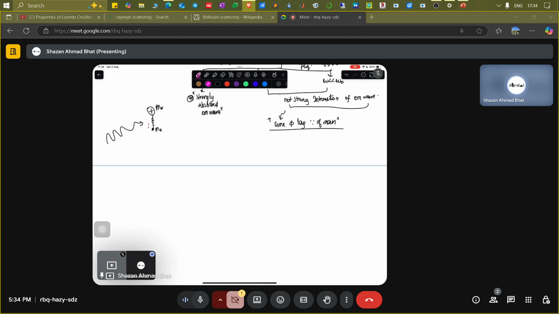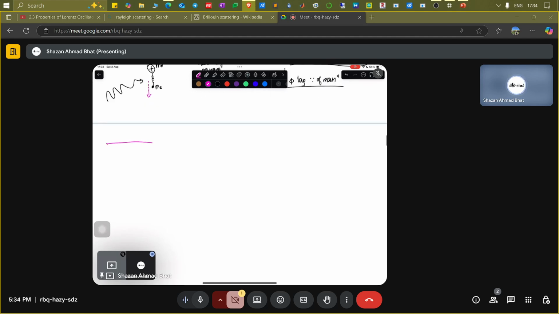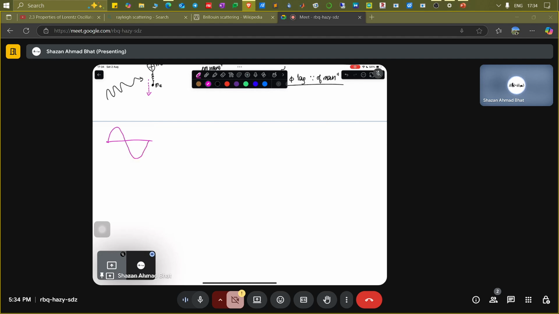Let's say, for example, if you consider only one cycle of an electromagnetic wave, this is the positive cycle of the electric field of the electromagnetic wave, and this is the negative cycle, because it's a sinusoid.